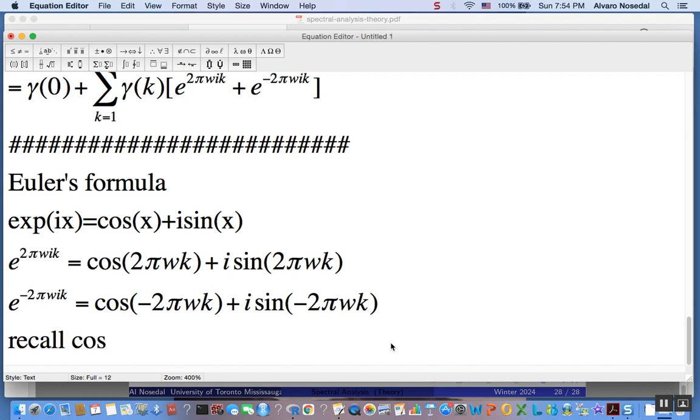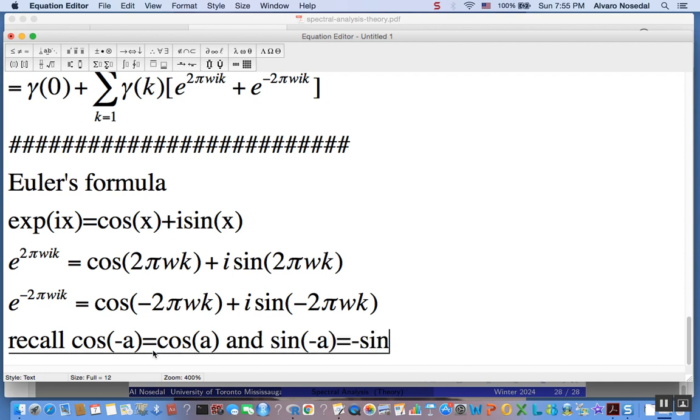Now let me just remind you that cosine of negative alpha, to refer to a generic angle, equals cosine of alpha, right? And you also have the sine of negative alpha equals negative sine of alpha.